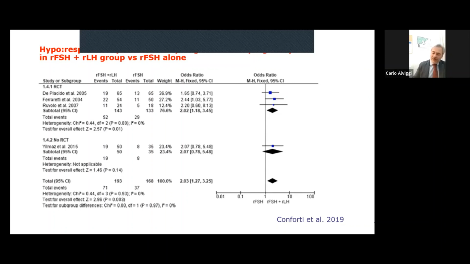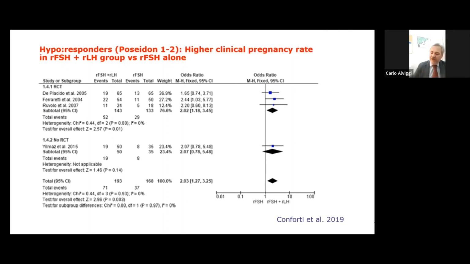So if you take the general population below 35 years of age, they probably don't need recombinant LH. But if you select patients that had fewer oocytes than expected in a previous cycle, or a higher consumption of FSH in a previous cycle or in the ongoing cycle, the supplementation with LH increases efficiency, reduces the length of stimulation and improves the final results.